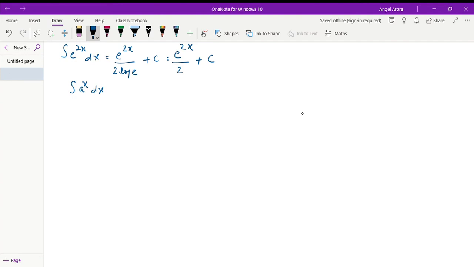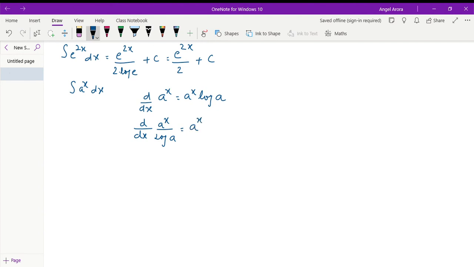We know that the derivative of a^x is a^x log a. So dividing both sides by log a, what do we get? d upon dx of a^x upon log a is a^x.